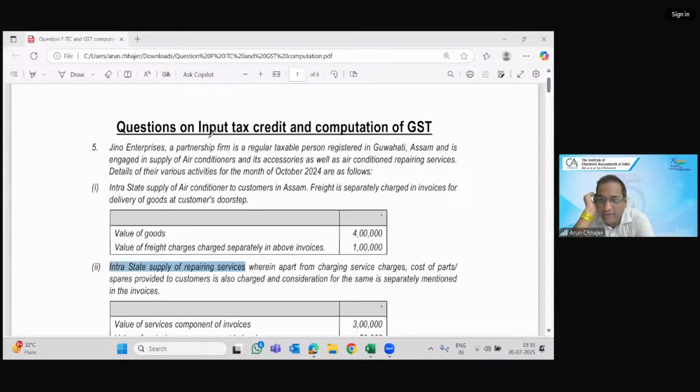Mohammad Farhan, tell me, beta, price should be single, it is the condition of composite supply or mixed supply? The condition is of mixed supply.